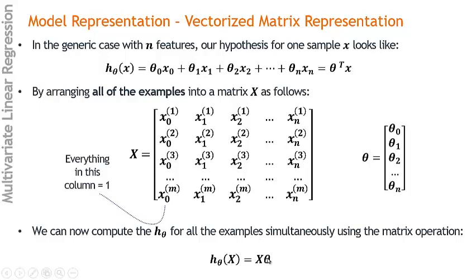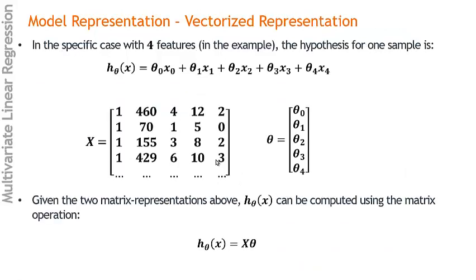That means that if you multiply this matrix times this vector, you will get a column vector, and each entry in the column vector will give you the prediction of the price for the given row vector. Right? So let's look at some examples.